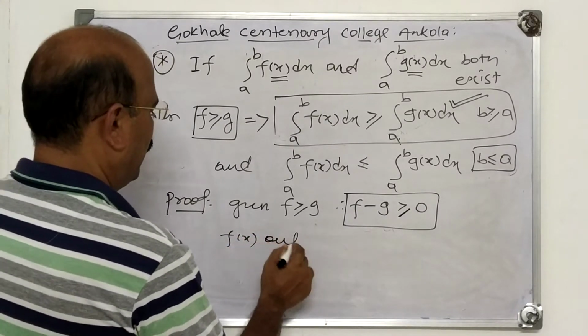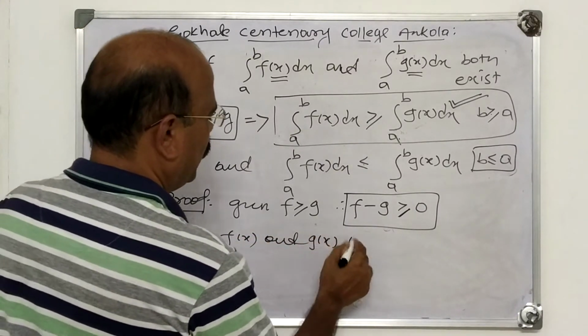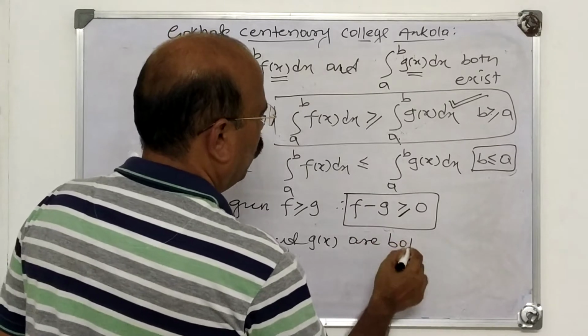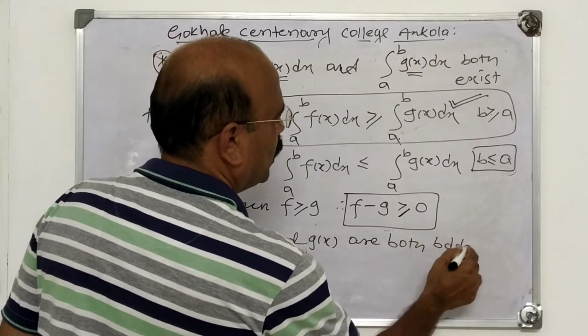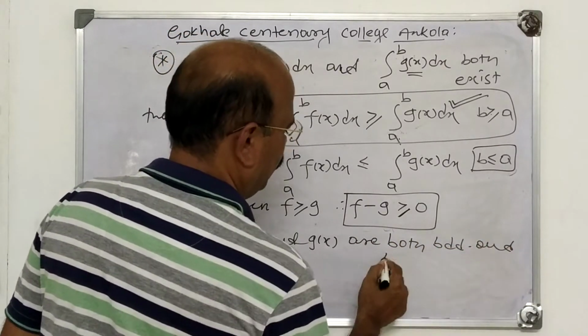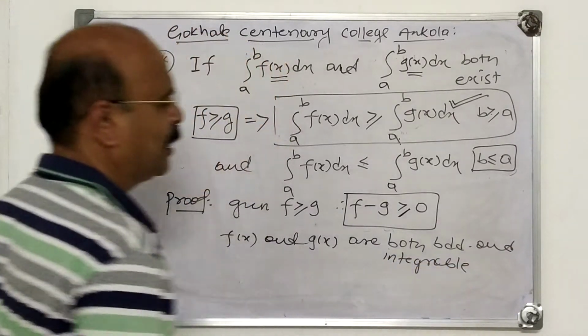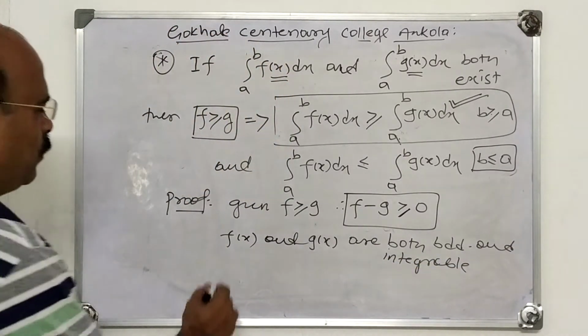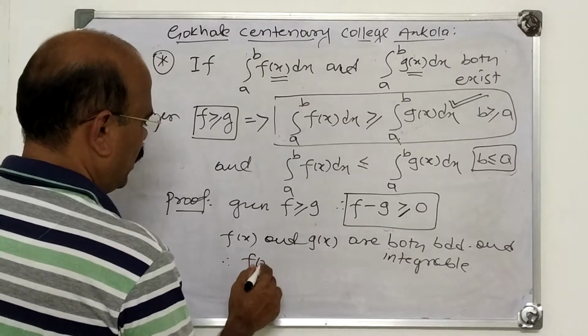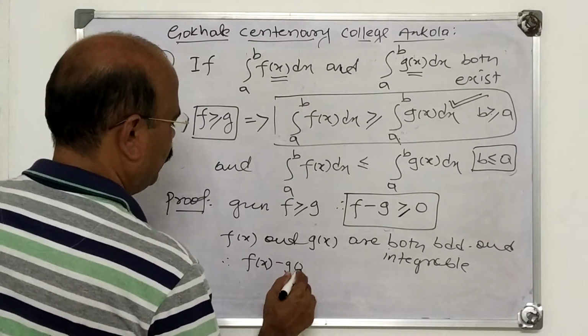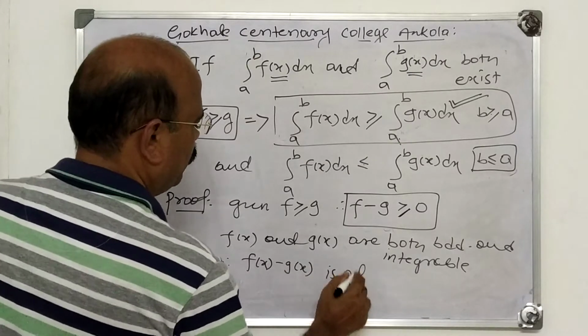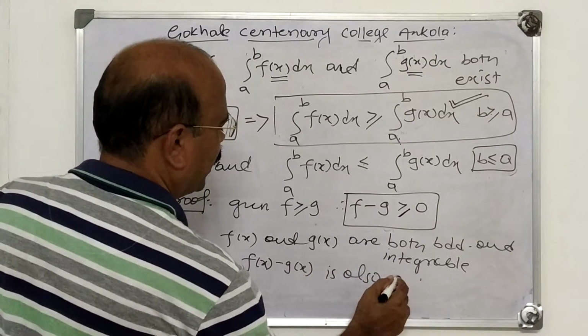Also, f(x) and g(x) are both bounded and integrable. Bounded and integrable, correct? Therefore, f(x) minus g(x) is also bounded and integrable.